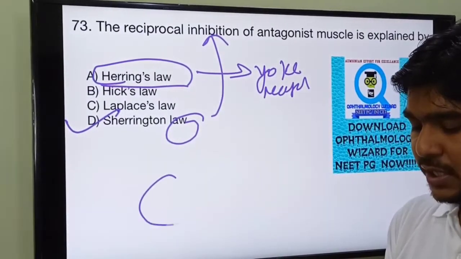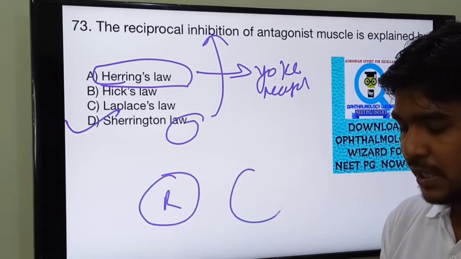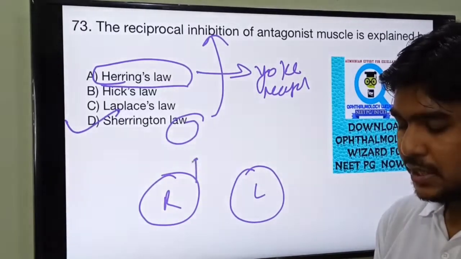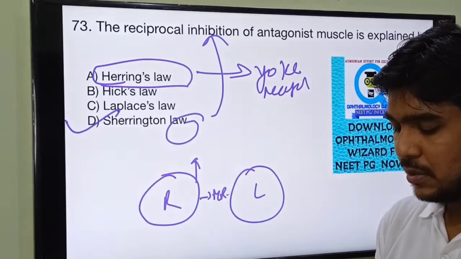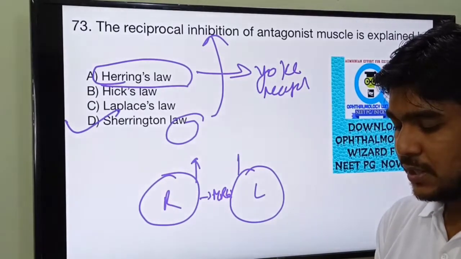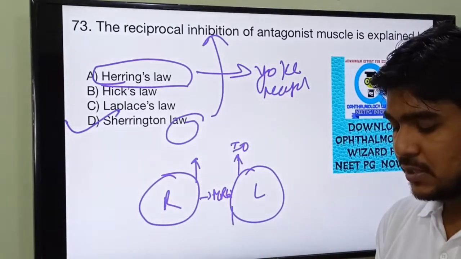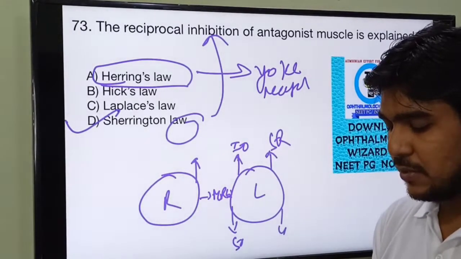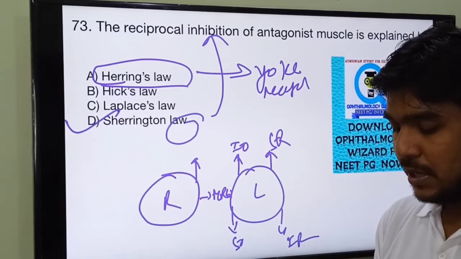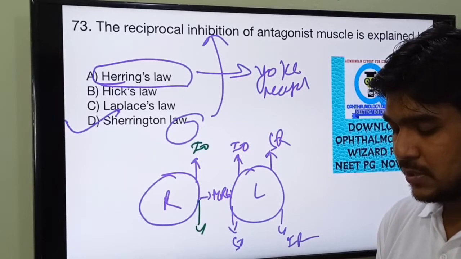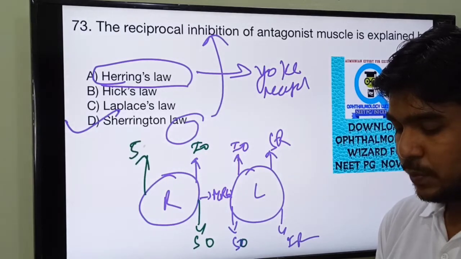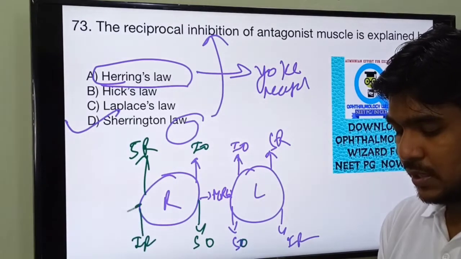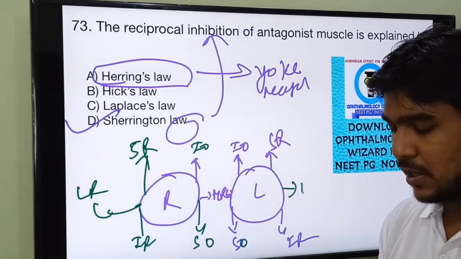Suppose this is the right eye, suppose this is the left eye, right? Then this is MR and this is inferior oblique, this is superior oblique, this is superior rectus, this is inferior rectus. Similarly, this is inferior oblique, this is superior oblique, this is superior rectus, this is inferior rectus, and this is LR, lateral rectus.